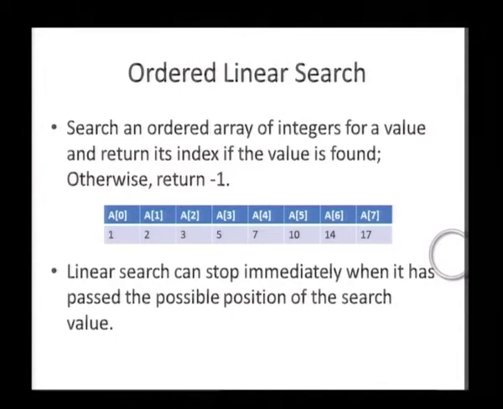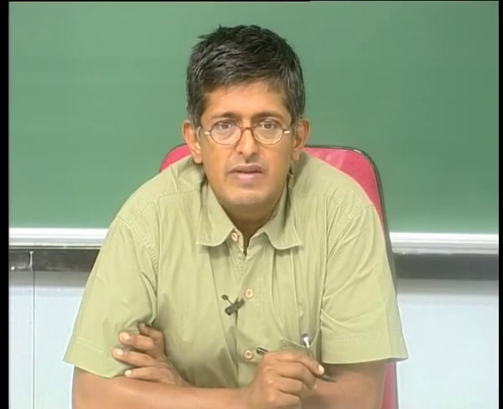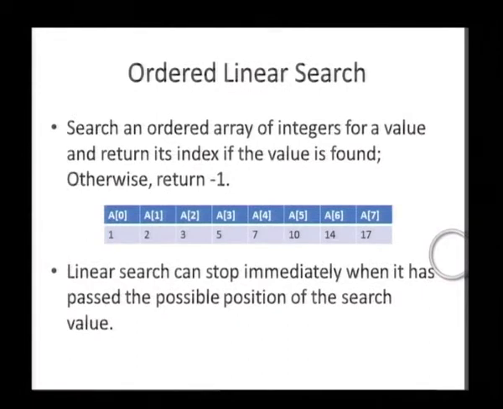For example, if you see the slide, if the queried value is 8, then one can perform a linear search up to the value 10, which is found in the location indexed by the number 5, that is the element A of 5 in this array A, and we find that 10 is larger than the queried value 8, and we already know that the array is sorted in ascending order.